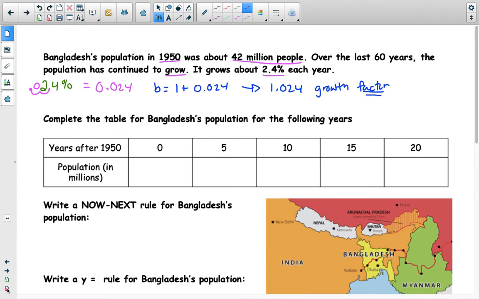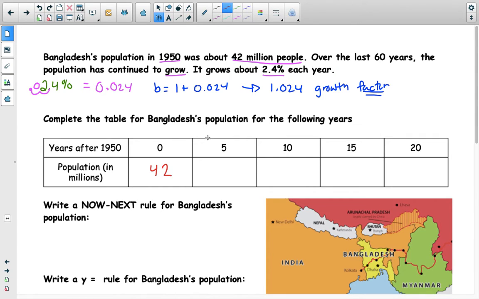So let's complete the table for Bangladesh's population for the following years. The years after 1950 start at 0 years, where we have 42 million people. So this is population in millions. We're just going to put the number 42 in here. It grows at 2.4% each year.